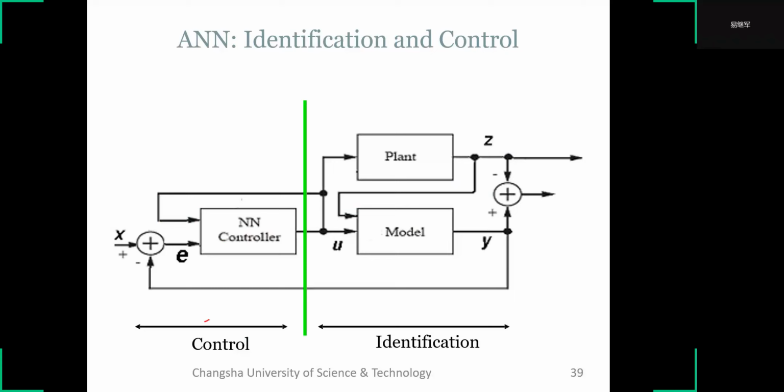This is the control part and this is the identification. We put these two functions together. The control part controls the target, and the identification identifies the plant and gets the approximate model for the system.